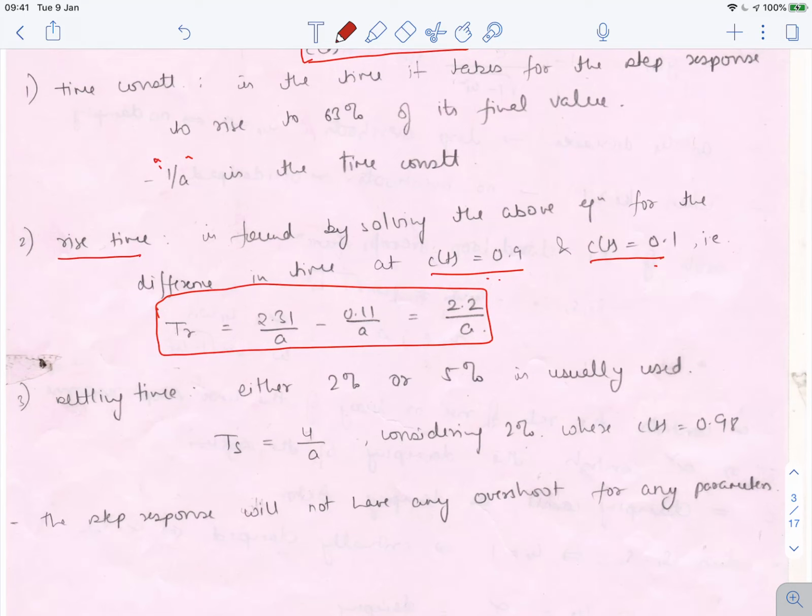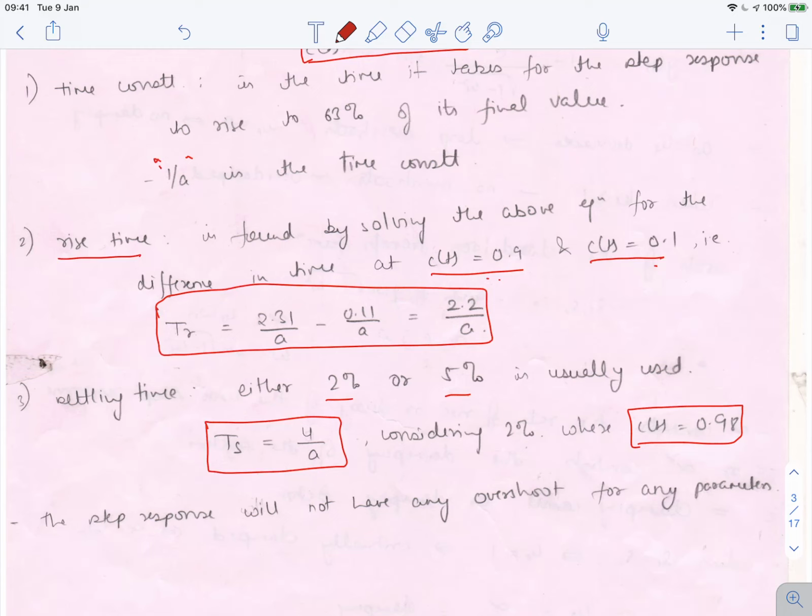Like I said earlier, some people take 2% or 5%. Considering 2%, the settling time is equal to 4 by a, again expressed in terms of the pole of the system, where your c of t is 0.98, considering 2% of the steady state value.